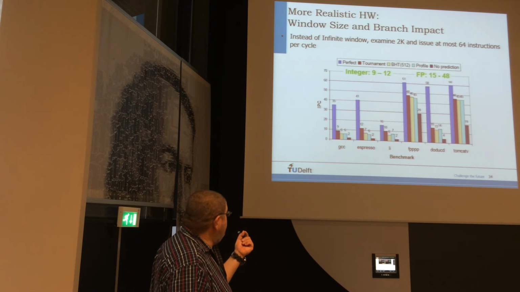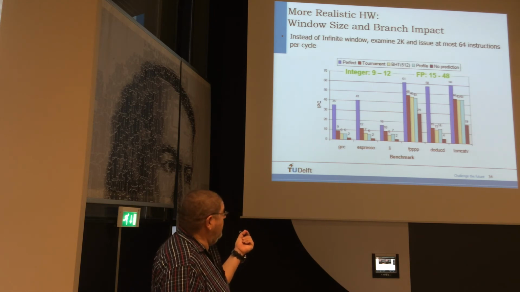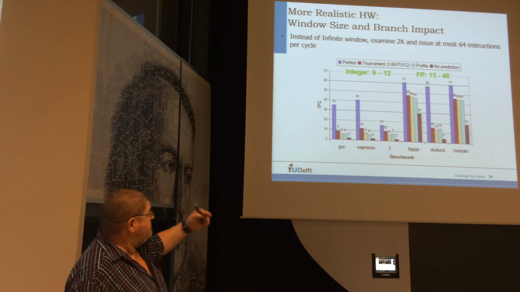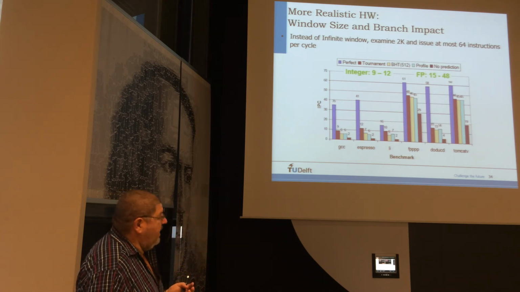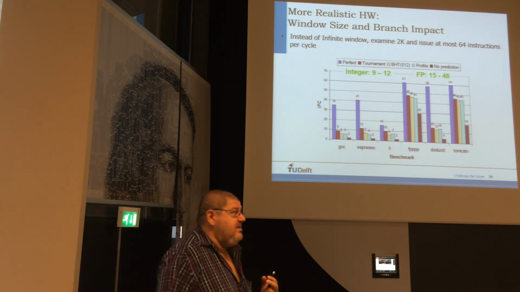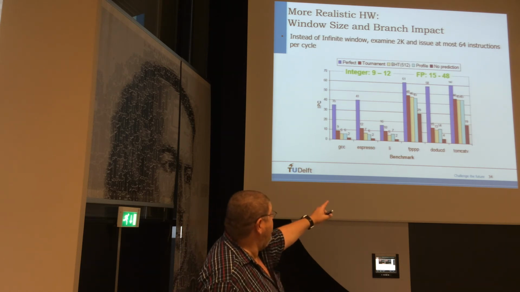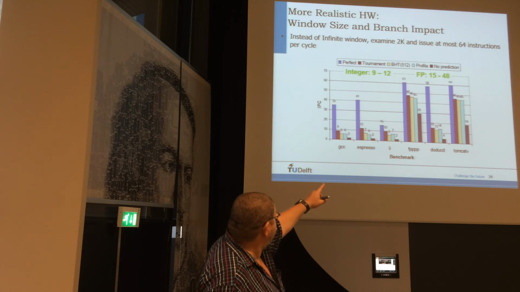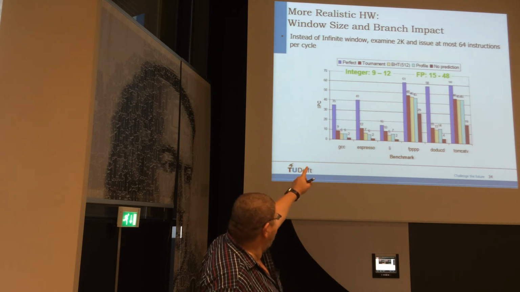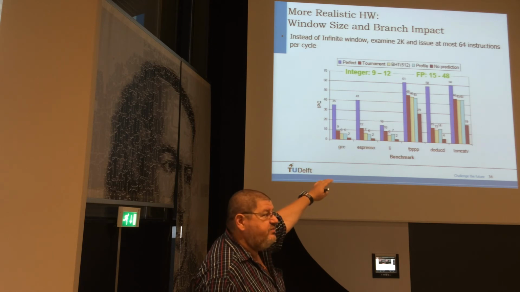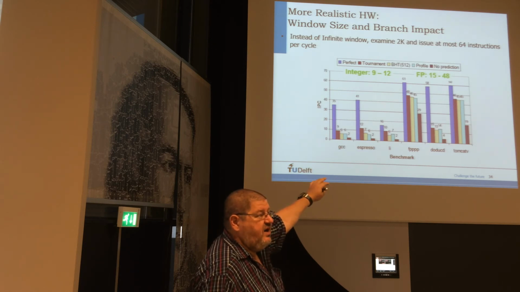Then the prediction has an impact on what I can achieve. And I see that there is good impact. Now, I also see that the impact is different per benchmark. If I look at the last one, you can see that almost all of them, except no prediction at all, will give you the kind of limit of 45.